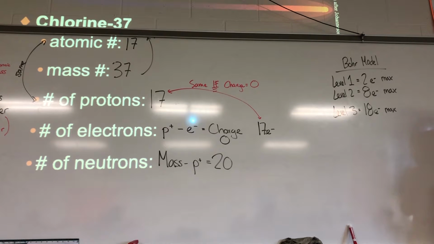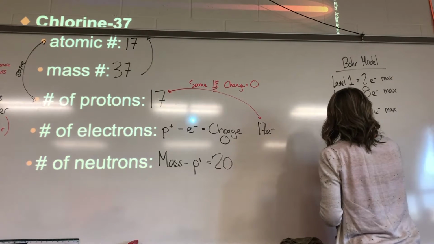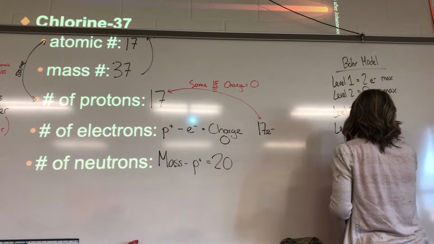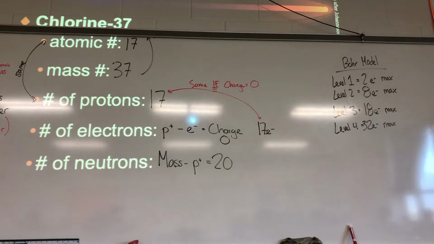But once again, it's not true. The 3rd level can hold 18. The 4th level, and that's as big as we'll go in this class, can hold 32. There is a pattern in a weird way, McKay, but we won't learn that for a few more units.